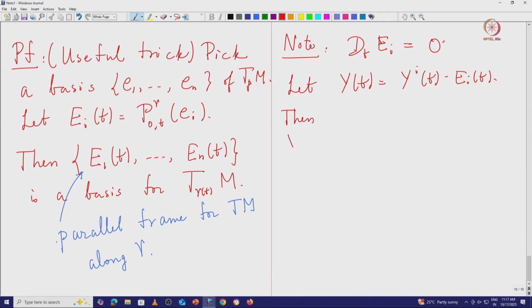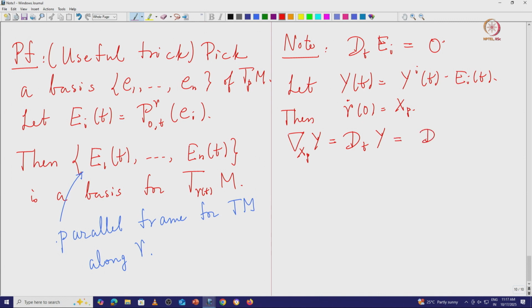But then if you apply the connection, because gamma dot of 0 is X_p, this is simply the covariant derivative of Y along gamma by our refined locality theorem.